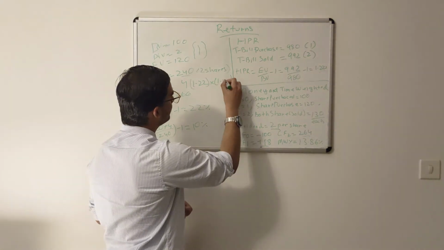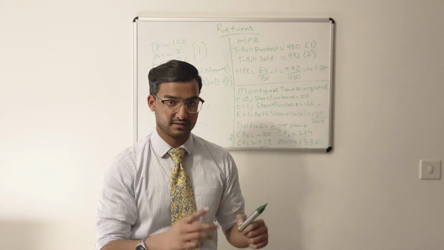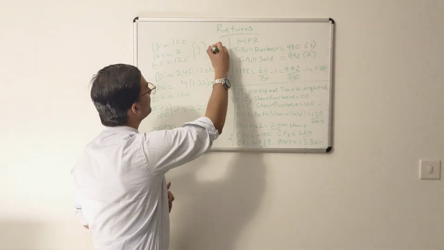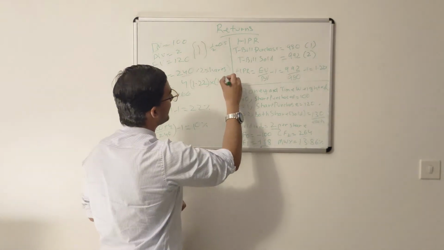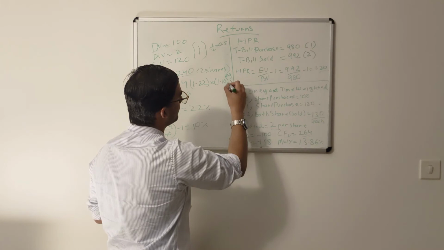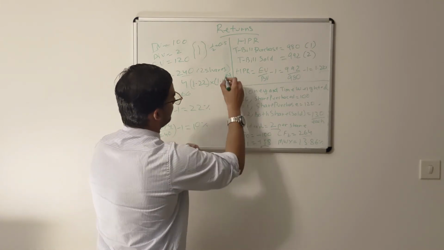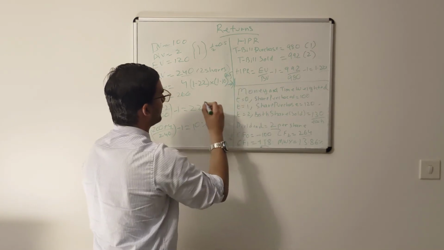So 1.10, and because there are 2 years, it would be to the power of 0.5, because 1 divided by 2 is equal to 0.5, minus 1.